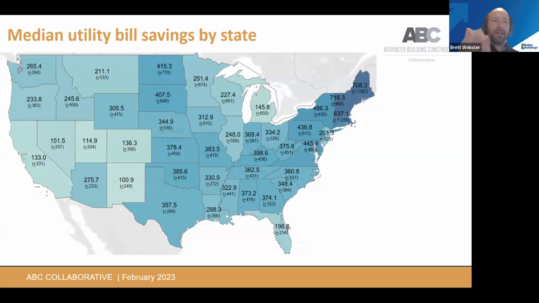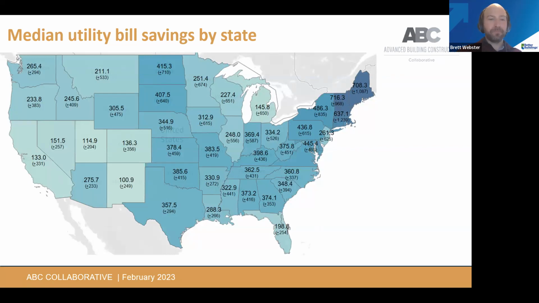So again, you can see in a place like California, where we're not going as deep with the envelope retrofits and the utility bill considerations there, the median savings is somewhere in the neighborhood of $133 per year per multifamily dwelling unit, with some standard deviation, which is the piece in parentheses there, but not huge, versus a state like Massachusetts, where the median savings is more than tripled, and there's a huge spread in terms of the standard deviation around how much utility bill savings we could expect with these retrofits.